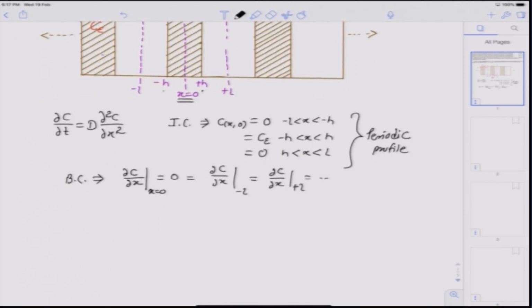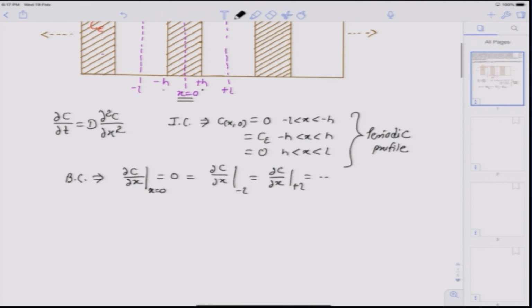For periodic boundary condition, we can use separation of variables. So, let us assume that C of x and t can be expressed as an explicit function of x and t. So, we express it as a product of a function of x and t.